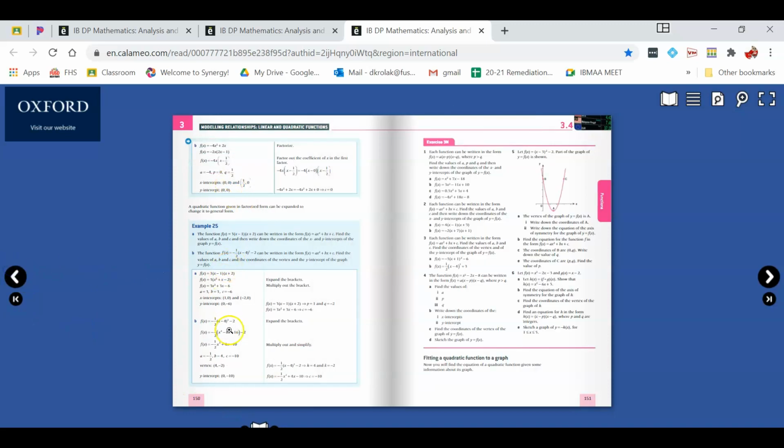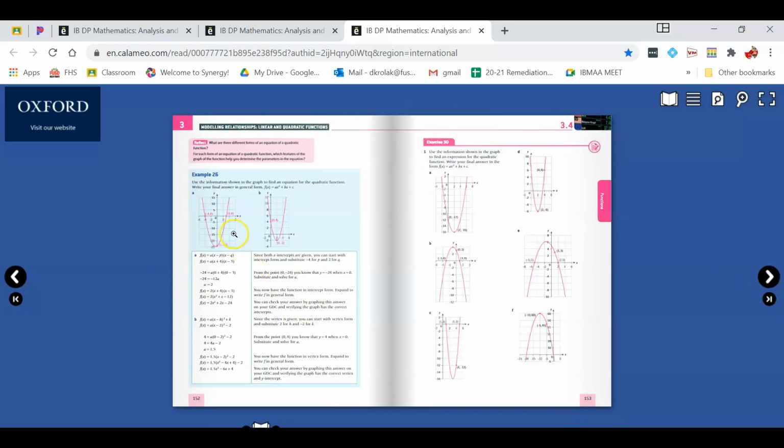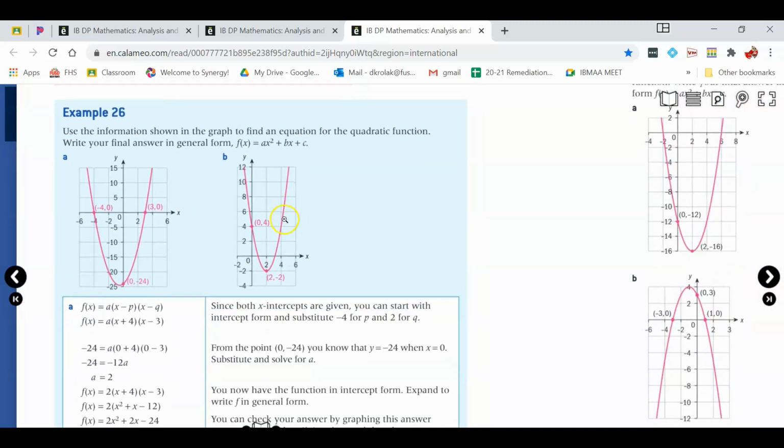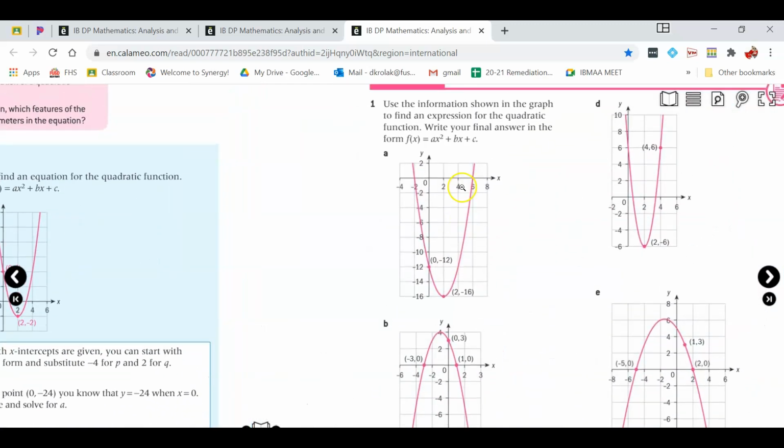The level of work shown in these examples here would be acceptable for the level of work that I would expect from you guys. So here's an example. If you look at example B right here, it's the same type of question as 1A.